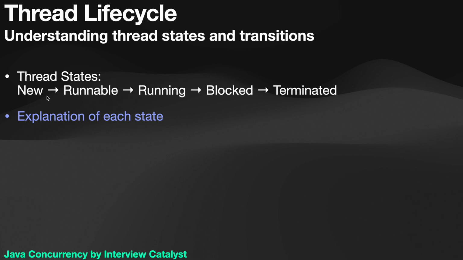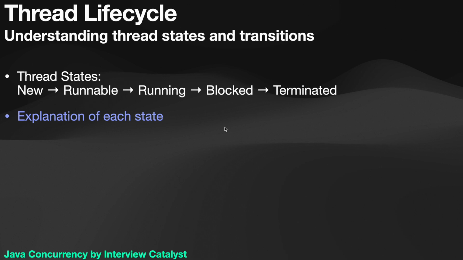One more thing that is important to remember is that from the running state, apart from the blocked state, we can have multiple states as well, for example the waiting state or timed waiting state. From the blocked or waiting state, the thread can change its state to runnable again, and once it gets the CPU, it starts running again, and when the execution is completed, the thread becomes terminated.